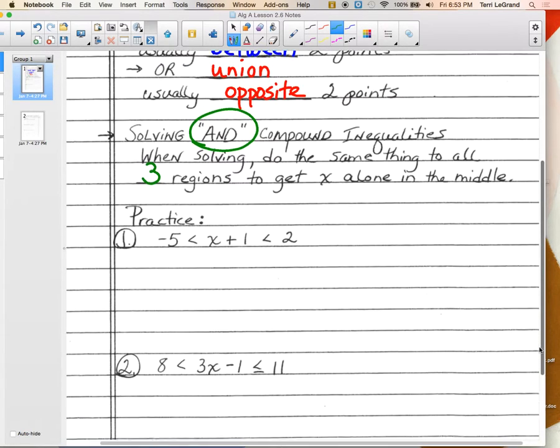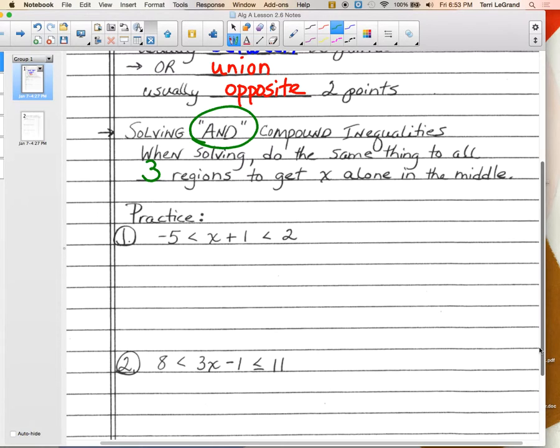The x term will be in the middle region, so we have to get that x alone. It can't have anything added to or subtracted from it, and it can't be multiplied or divided by anything. We want a 1x.